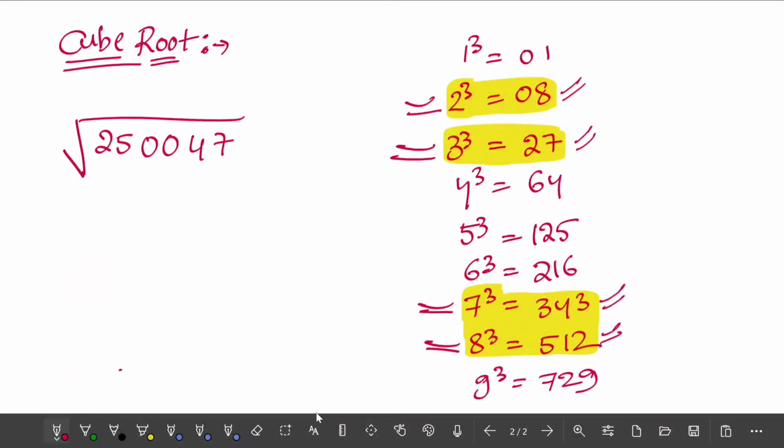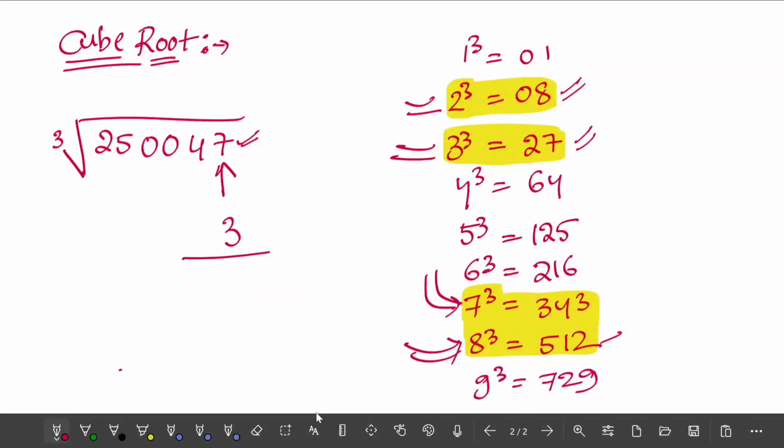As soon as I see 7 at the unit digit, when I am finding a cube root, I have to put 3 at its unit place. Whenever we perform cube on 7, the unit digit is always 3. Whenever we perform cube on 8, the unit digit is always 2.